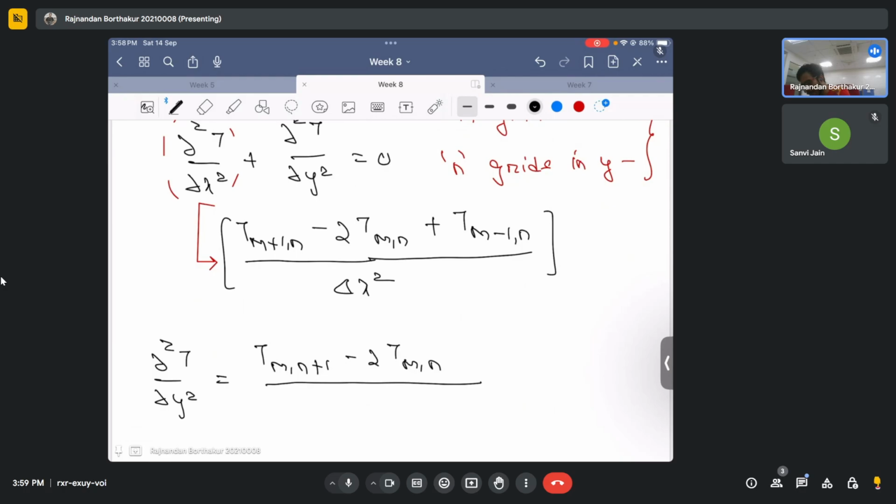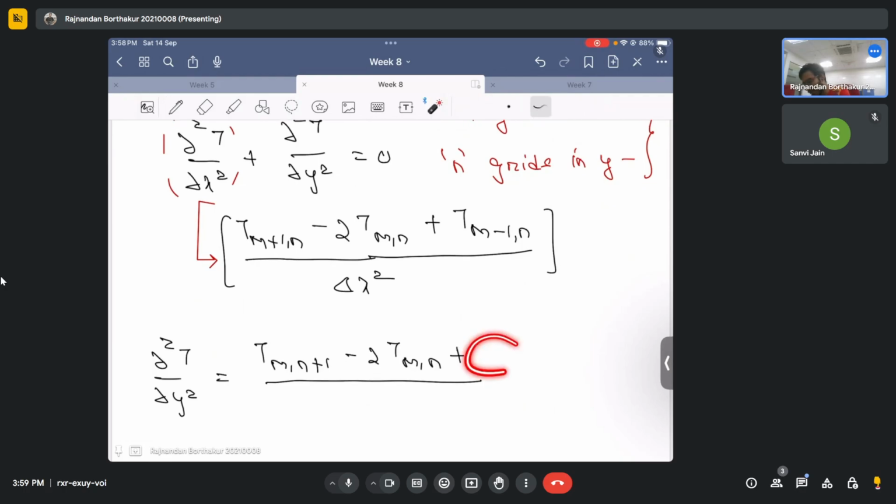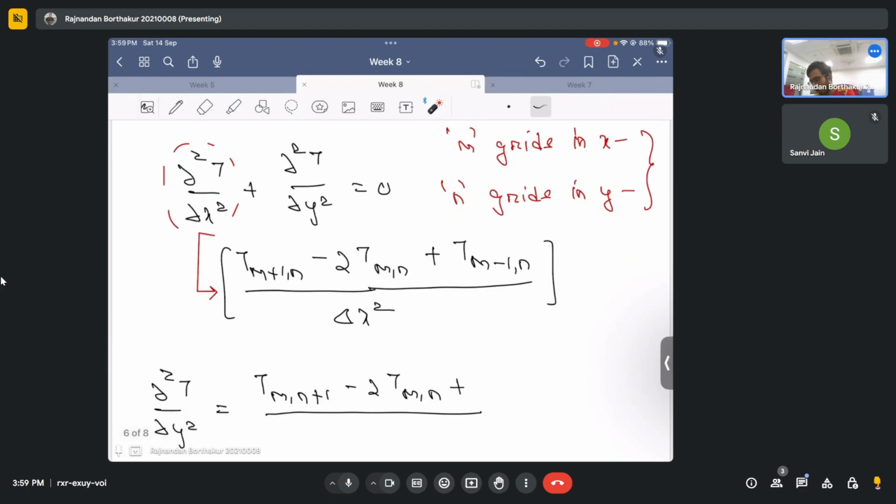Plus, can you tell me what would be this term? Drawing the same analogy here. I understand you are learning it first, but at least drawing the analogy from here and here, can you tell me what these terms would be? Any suggestions? Yeah, exactly.